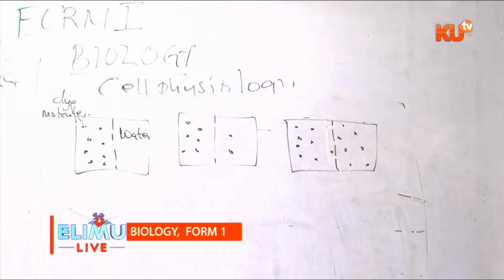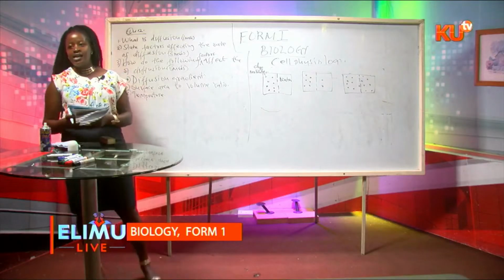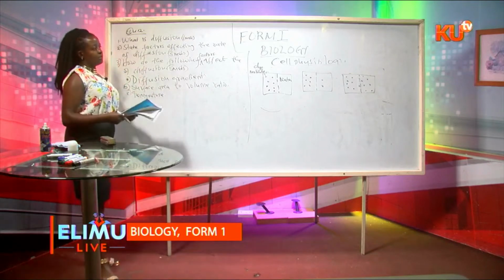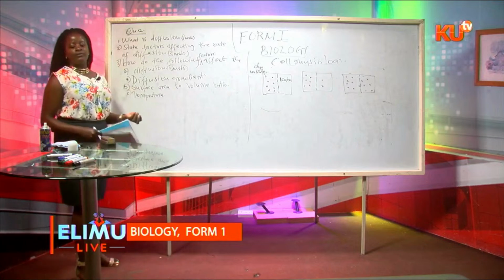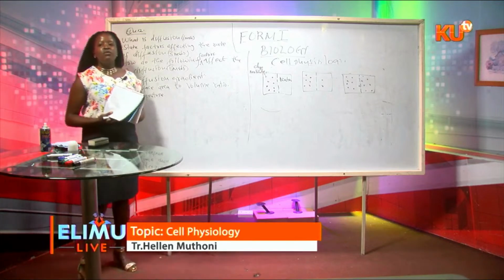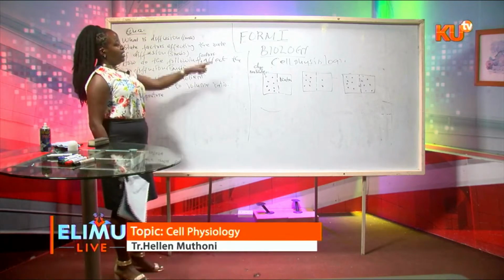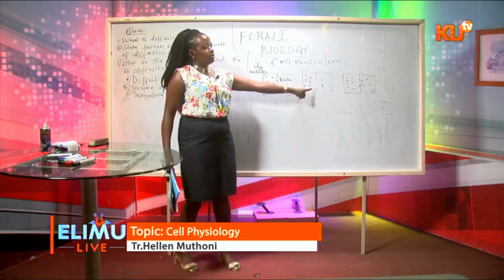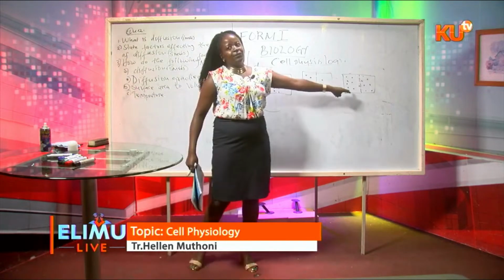So with this illustration, you can be asked, name the physiological process. So how do you know which physiological process is being tested? Look at the movement of the molecules. We have them here at the beginning, then as the experiment continues, and at the end of it.